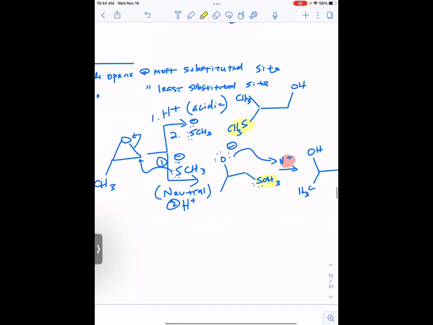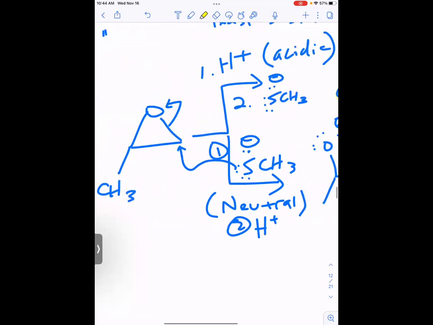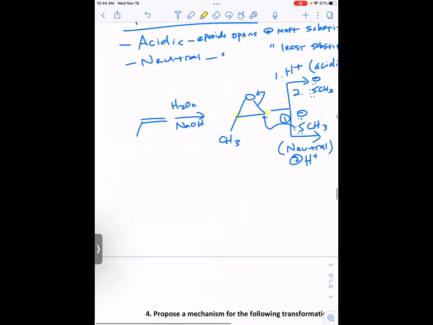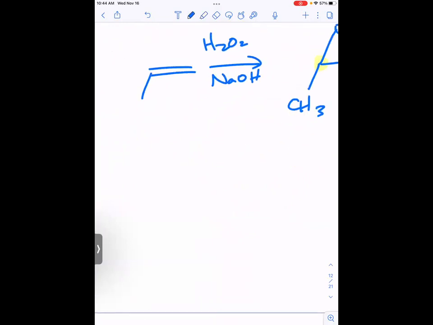So it's the same idea of regiochemistry. Both carbons are reactive, so I can attack one side or the other side. So either region. So it's different regiochemistry. So let me show you the acidic mechanism.